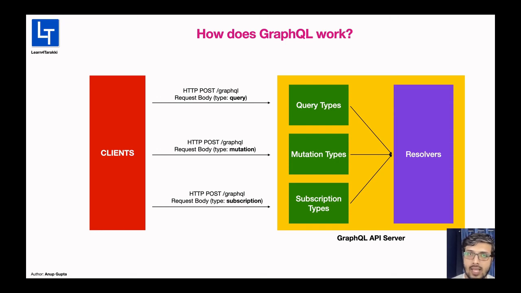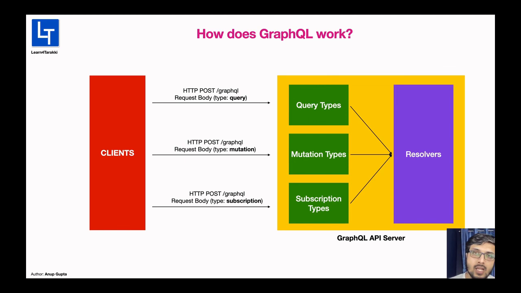So if you define a query type, then you have to have one handler associated with it. When a request comes from the client with the query type, it is mapped with the type definition present within the code for that particular type, and accordingly the resolver attached to it gets invoked and responds back to the client.